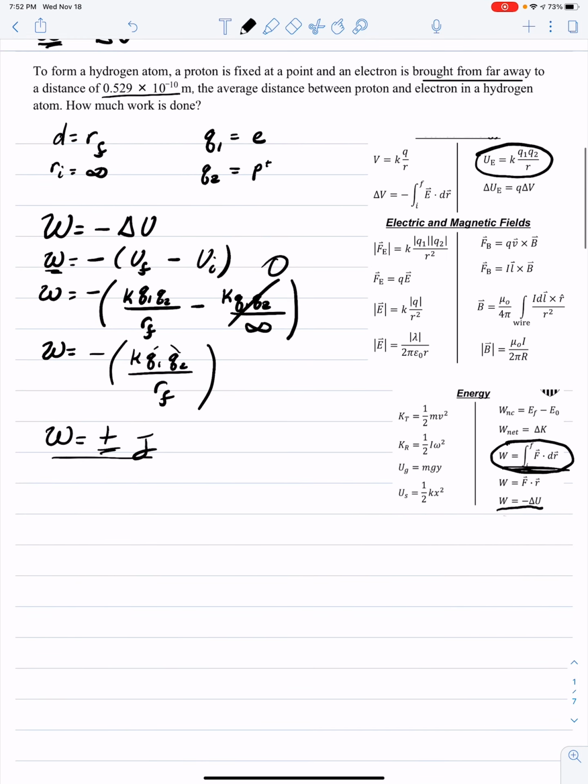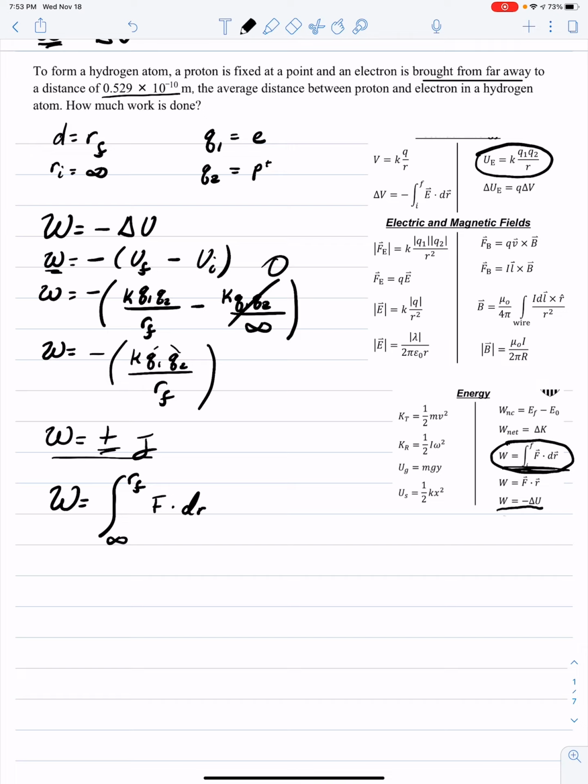We can also do it the more interesting route, which is work equals the integral from infinite distance to the final distance of force times the infinitesimal distance between our final and infinite.